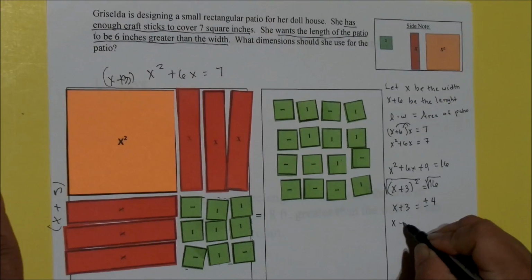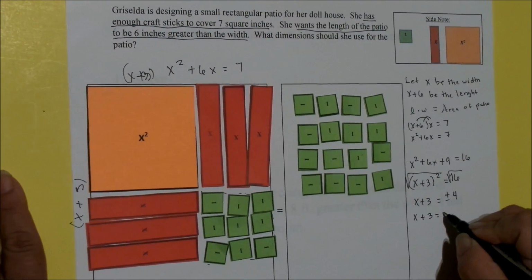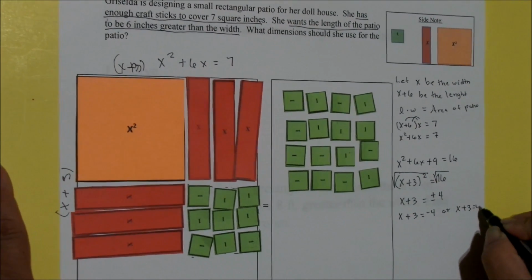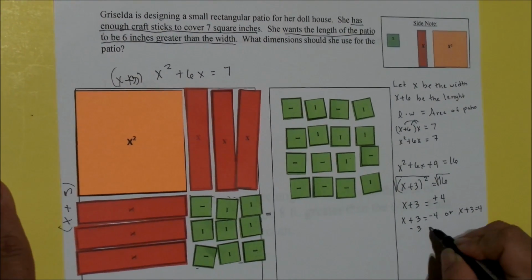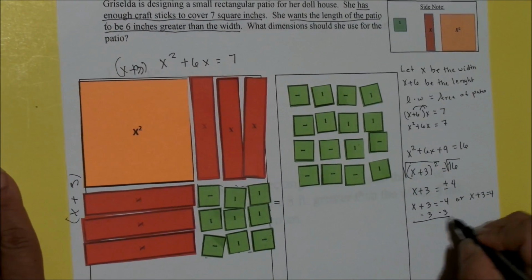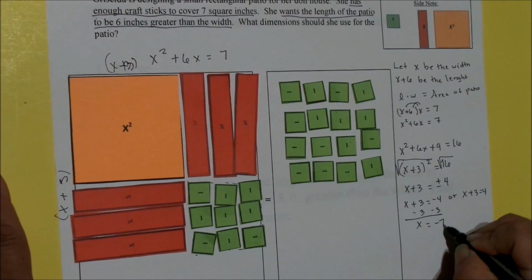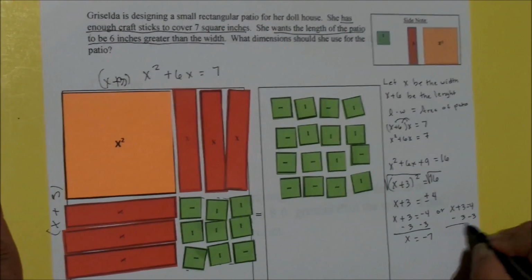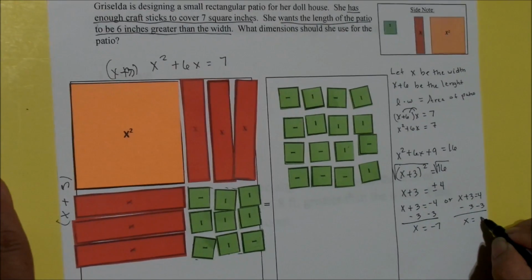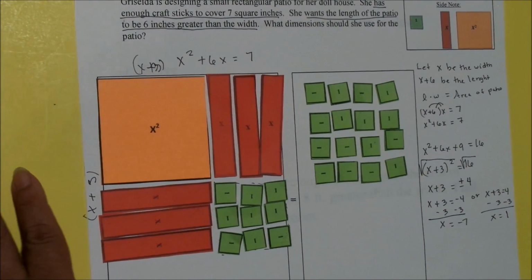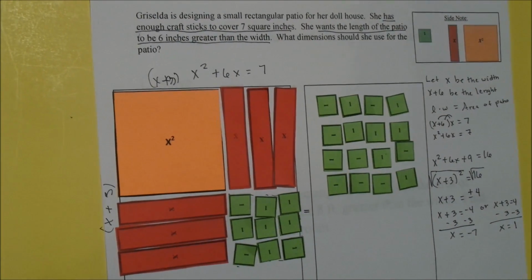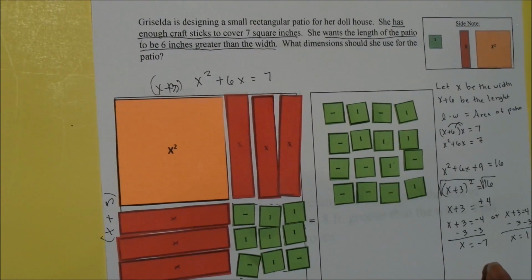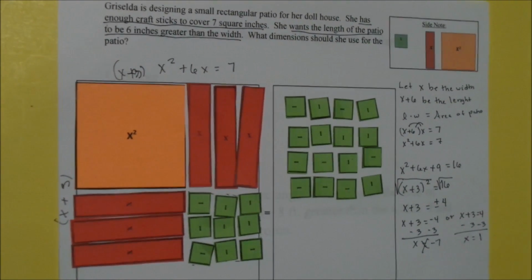Let's solve for x. I'm going to subtract 3 on both sides. That gives me x equals negative 7. And let's subtract 3 on this side as well, so that's x equals 1. If you reflect on it, the length could never be negative, so we know that negative 7 will not be our answer.